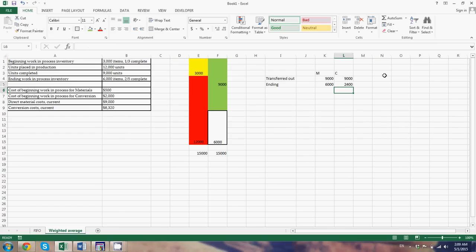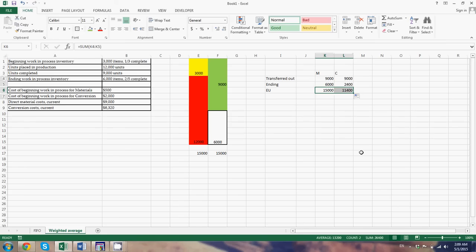We have 2,400. If we talk about equivalent units for these two, what we do is sum up the whole thing: 9,000 plus 6,000, and the same thing here, 9,000 plus 2,400.